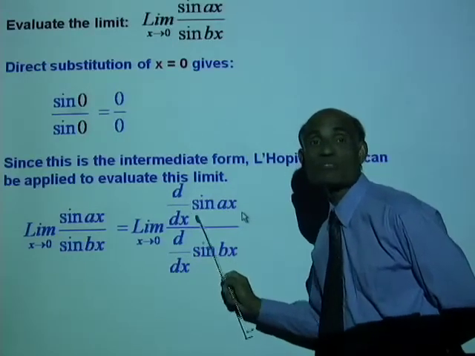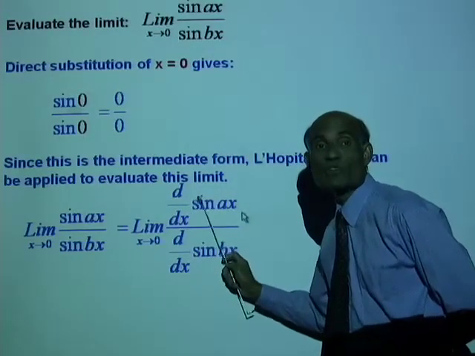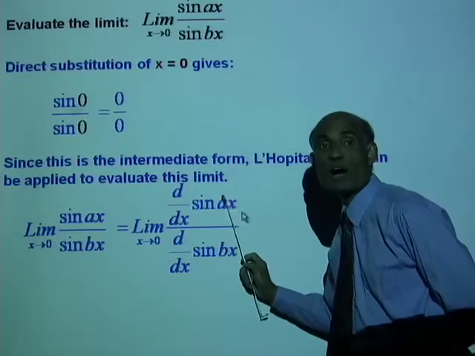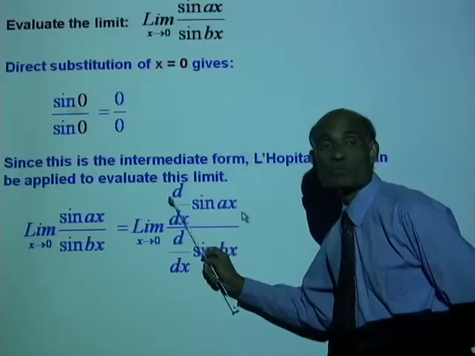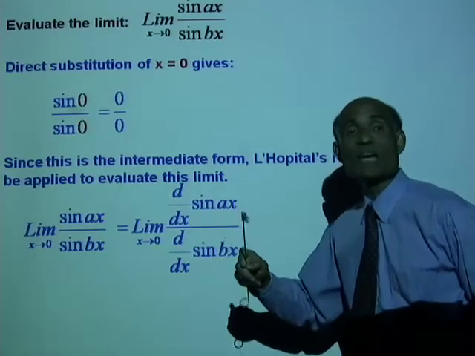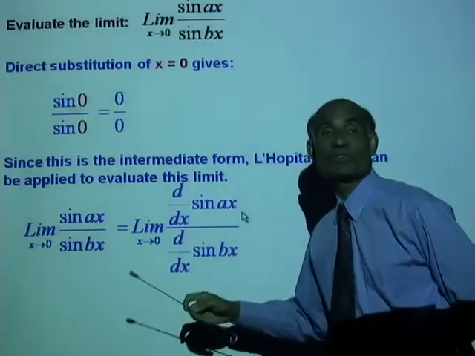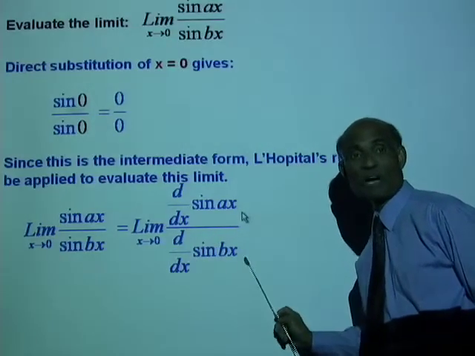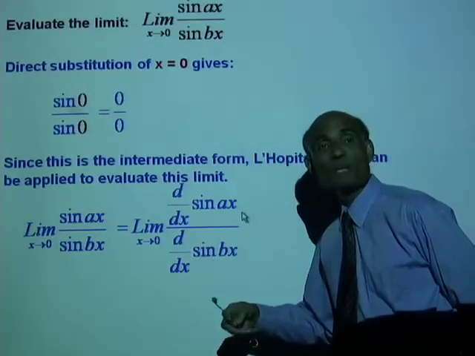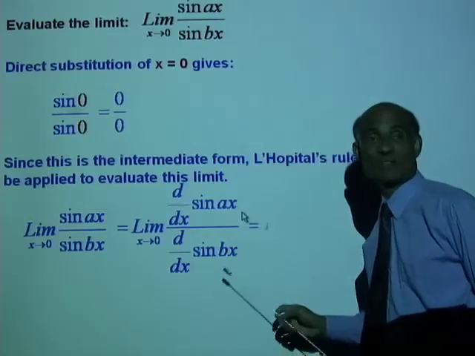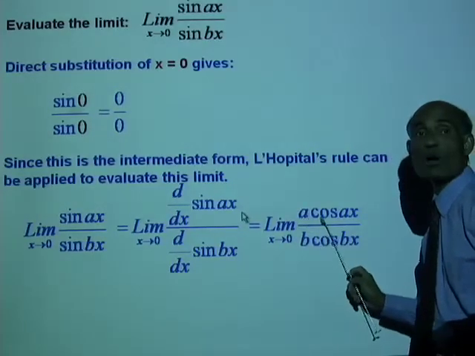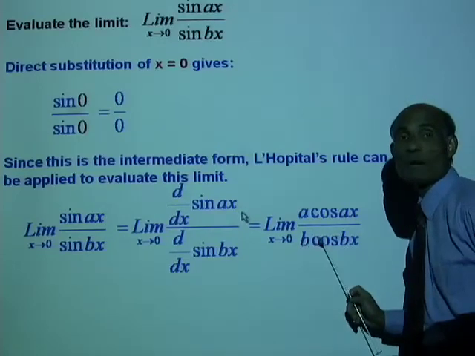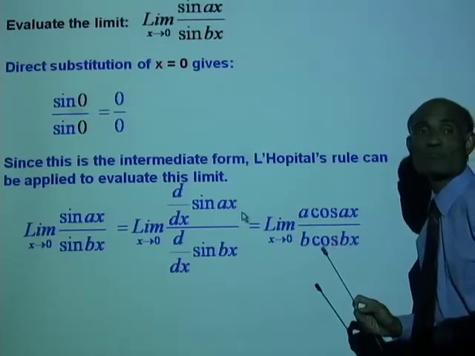The derivative of sine ax is cos ax times the derivative of ax, which is a. So the derivative of sine ax is a cos ax, and the derivative of sine bx is b cos bx. So this will be the limit as x approaches 0 of a cos ax divided by b cos bx.